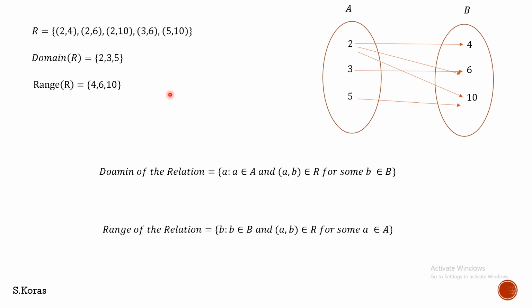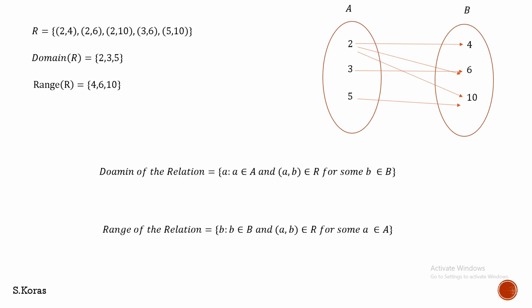Very simple. Domain is nothing but the element which belongs to the first category, and range is nothing but the element which comes under some rule, in the second category. I hope you have understood what domain and range mean in a relation. Very simple.